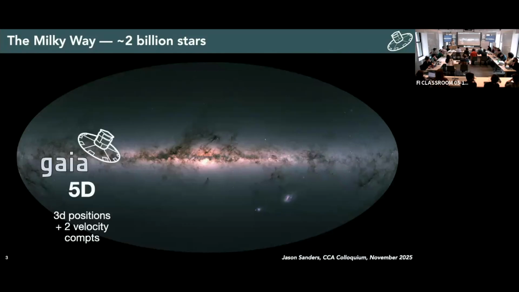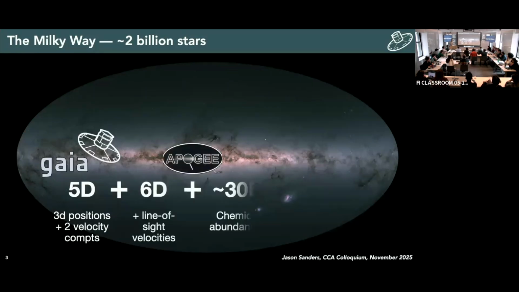And for each of these stars, we get a rich array of information. We get 5-dimensional coordinates from Gaia. We get 3-dimensional positions, velocity components. And when we complement this information with line of sight velocities from spectroscopic surveys, for instance APOGEE, which I'm going to show results related to, we get the 6-dimensional position-velocity coordinates that give us the orbits of the stars in the galaxy.